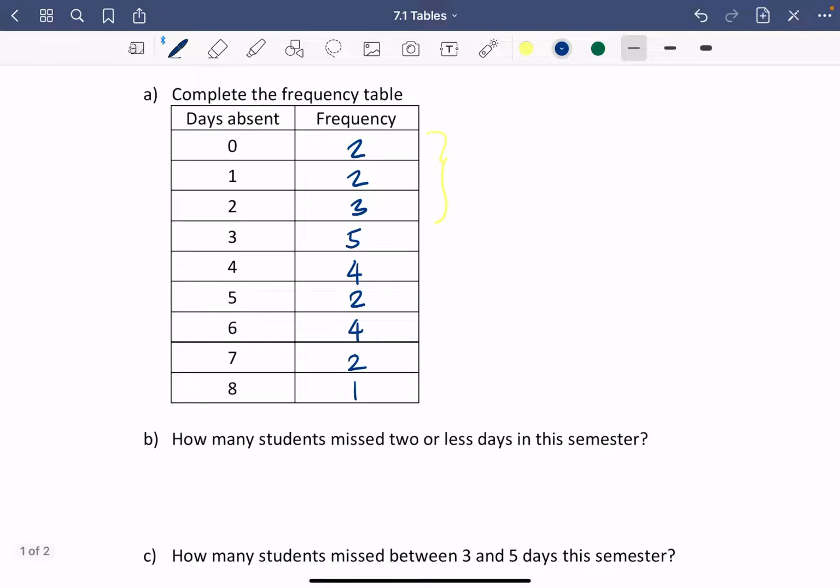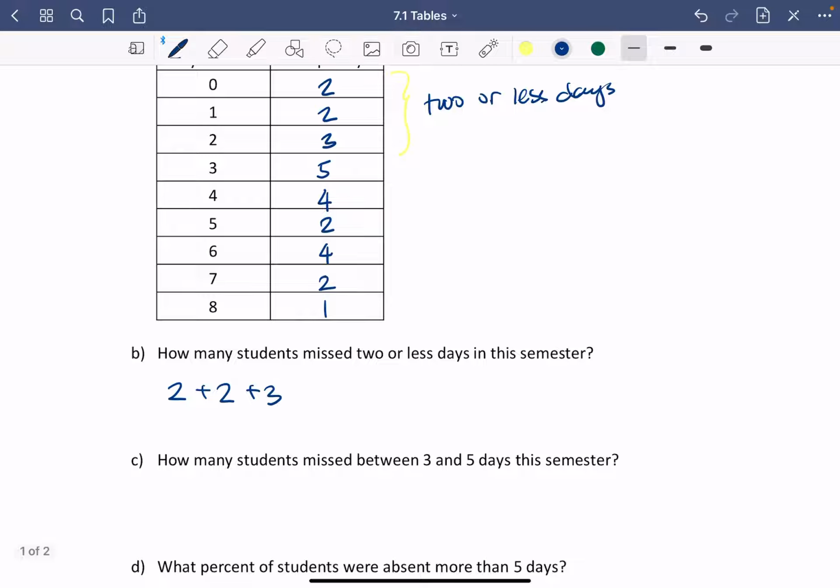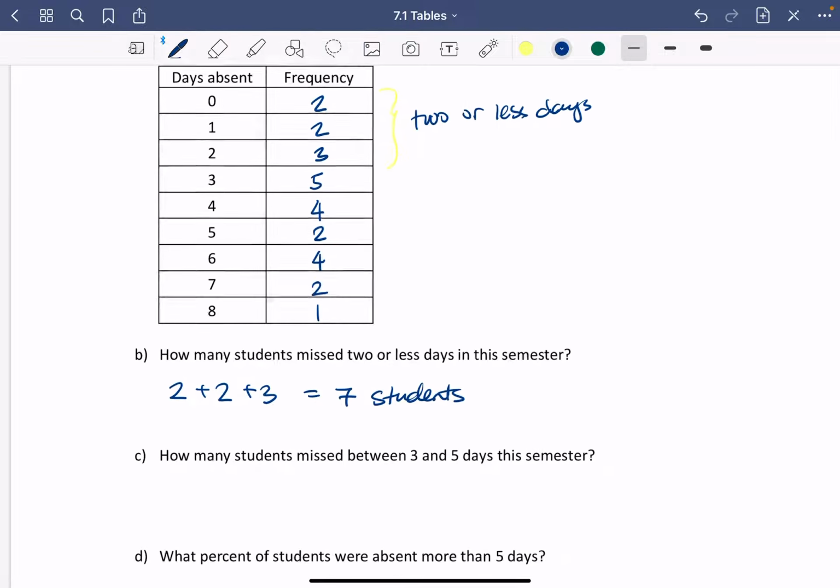So in that case, we have 2 plus 2 plus 3. So this is 2 or less days. And so in total, we have 7 students. So 7 students missed 2 or less days in this semester.